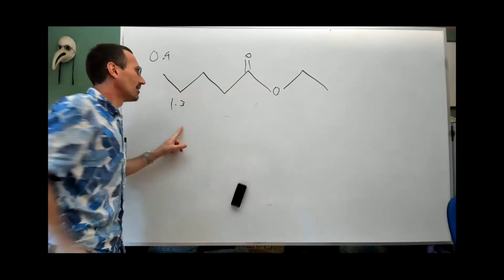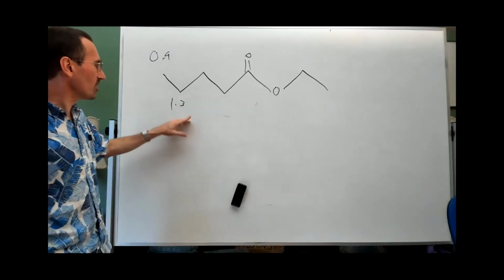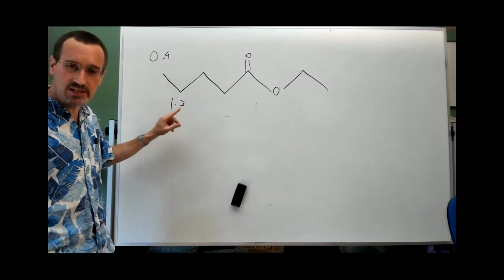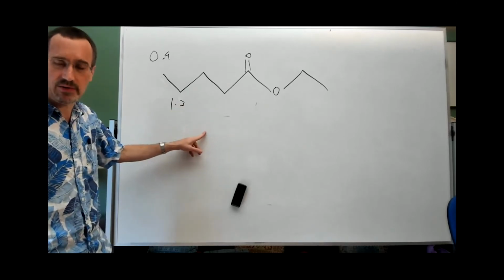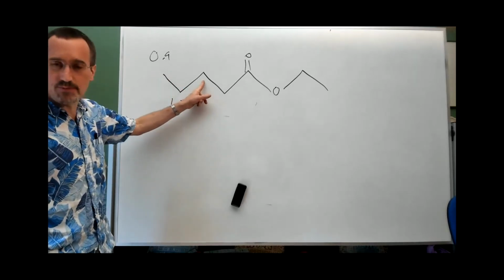About 1.3. Why? Because it doesn't have any electronegative atoms attached to it. It's not beta to an electron withdrawing group. Good. Somebody else, what about this methylene group?